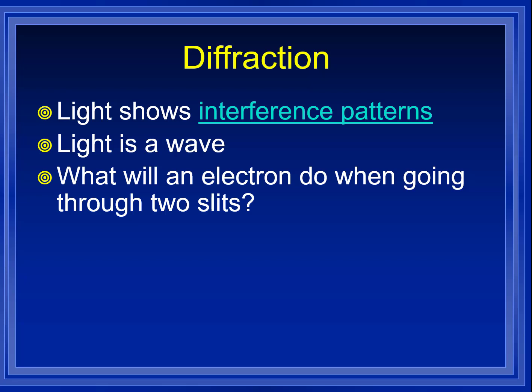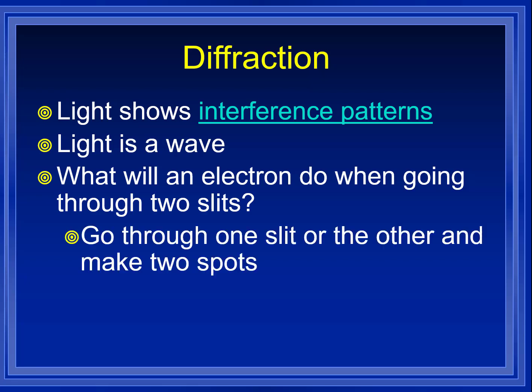Is it a wave? Okay, so there's two possibilities. If you send an electron through two slits, if it's a particle, it has to go through one slit or the other. It can't go through both.